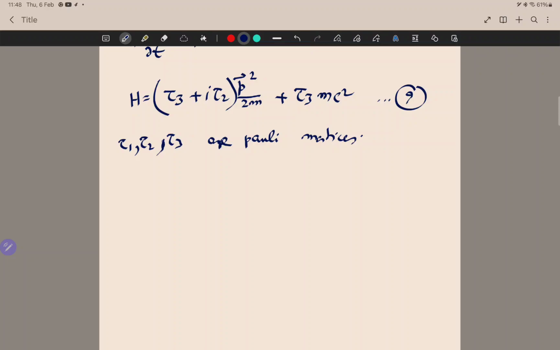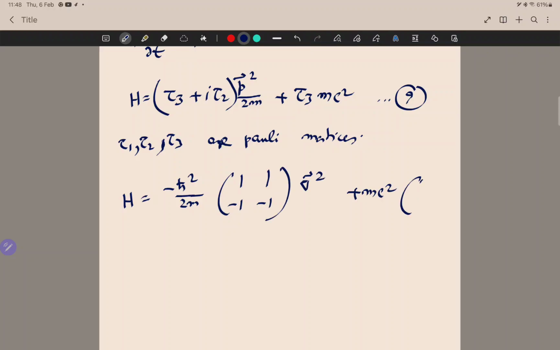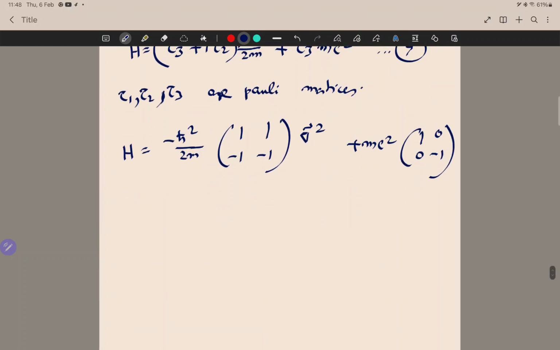Note that the Hamiltonian is simply H equal to p squared divided by 2m times the matrix (1 1; -1 -1) plus m c squared times the matrix (1 0; 0 -1). Here this is a 2 cross 2 matrix, so it is reasonable to consider psi equal to phi and chi.